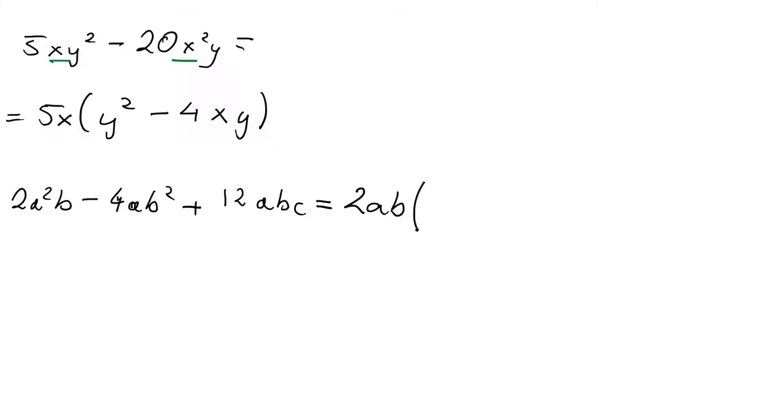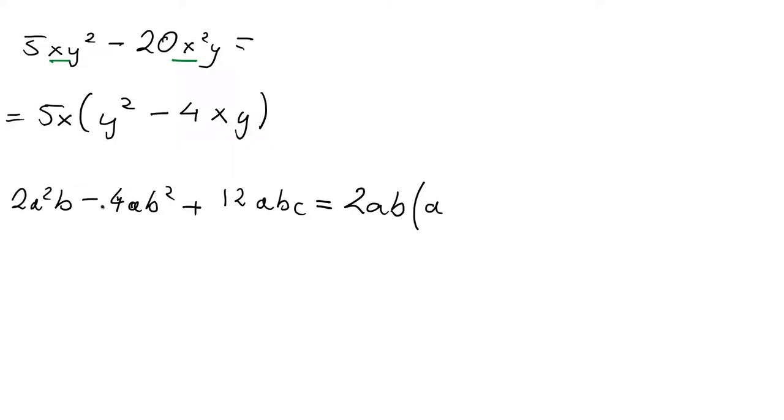Now, seeing that I identified it, I need to take the highest common factor out of the bracket and write what's going to remain. So if I divide 2a squared b by 2ab, all I'm going to end up with is just a, because take a look at this. That b is jumping out of the bracket, that 2 is jumping out of the bracket, and I have a times a, so one of those a's is jumping out of the bracket, and one of those a's is staying in the bracket.